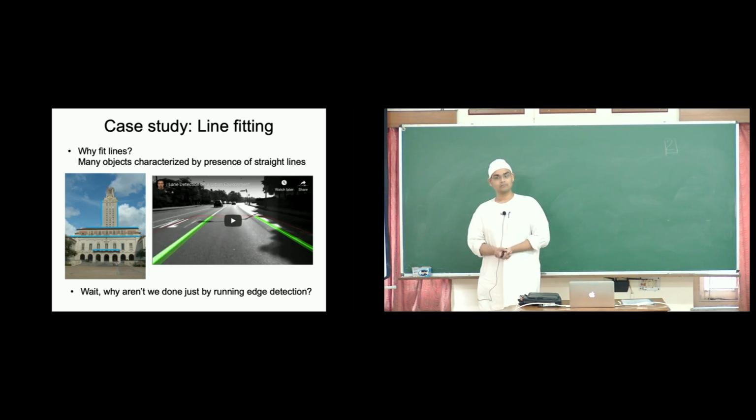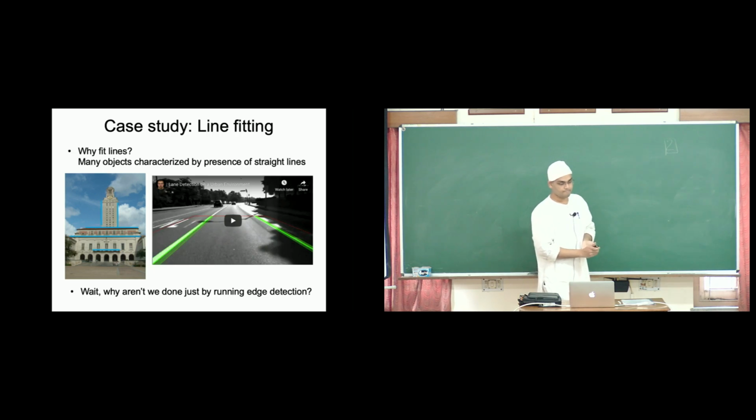Edge detection does not give me a line, it just gives me some dots, and there could be noise, so the lines may not be straight, and it is not a parametric model. I am not giving any equation, I am just giving some pixels, telling that edges are there, and there will be many extra points that are not lines. So no, just from the edges I cannot find the line.